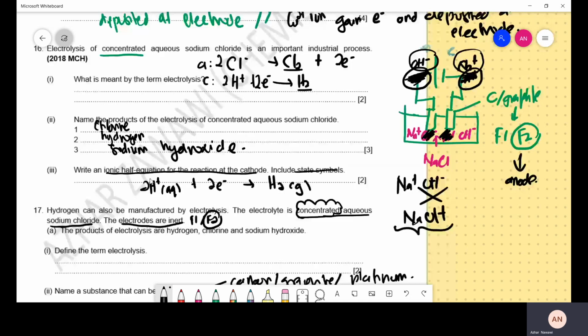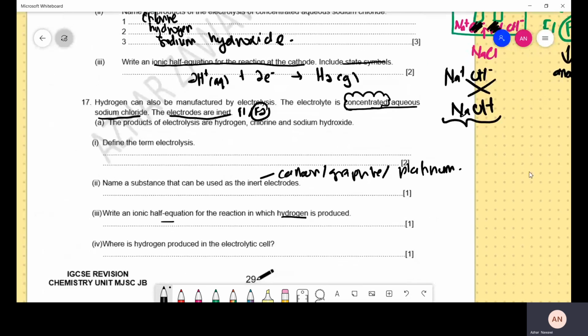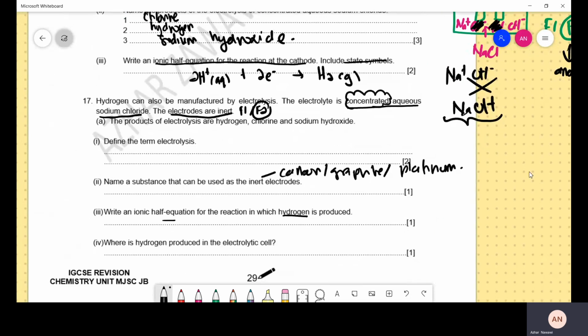They use concentrated sodium chloride. So hydrogen is produced at the cathode. But in the exam you should draw actually. So you write H+ becomes neutral H2, with electrons on the left side. You balance: take 2 hydrogen, 2 positive, 2 negative.